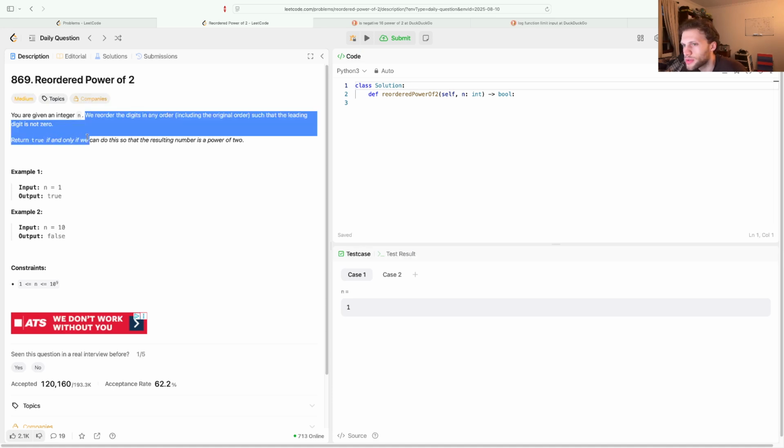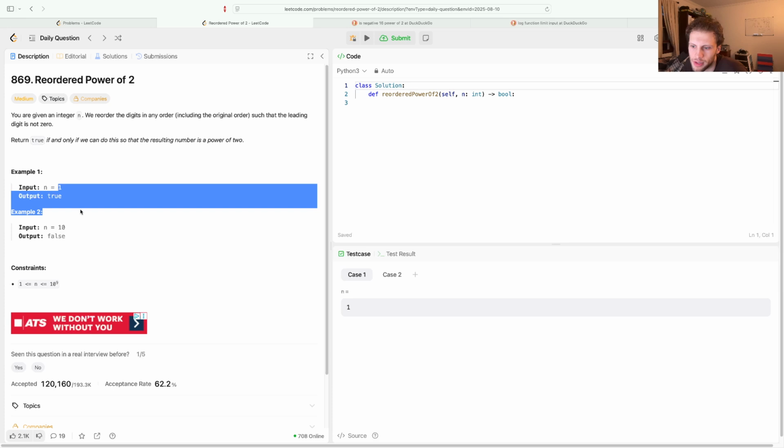Return true if and only if we can do this so that the resulting number is a power of two. So you're essentially saying you can reorder the number to make a power of two.